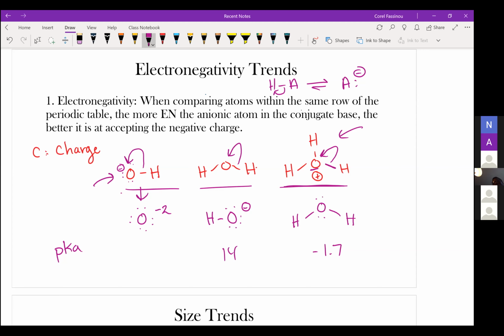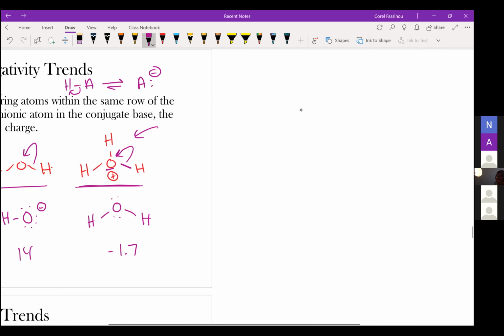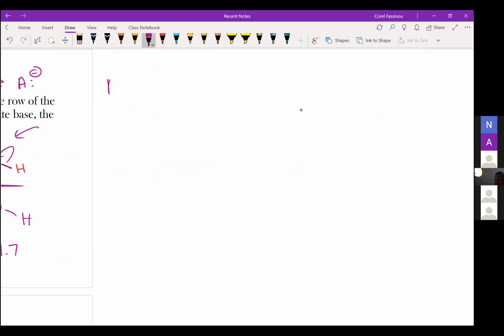Charge. So the next thing is going to be the atom, the A. And there's two parts to this. There's going to be electronegativity, and there's going to be size. Now let's think about this definition.